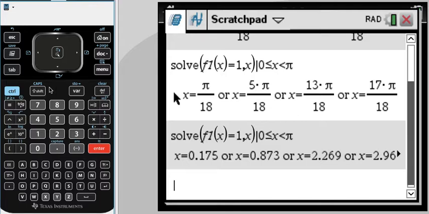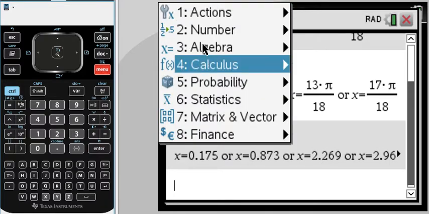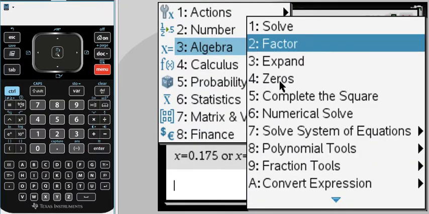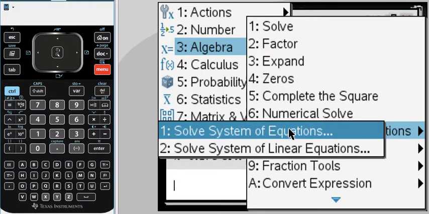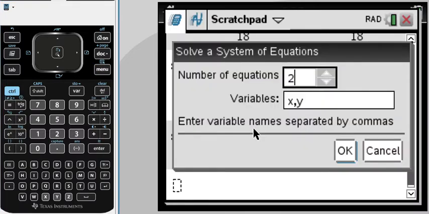Solving a system is very similar. I come to the menu, and it's under algebra, and down here a system of equations. These aren't linear, so I don't want the bottom one, I want this one. And I have 2 variables, 2 equations.